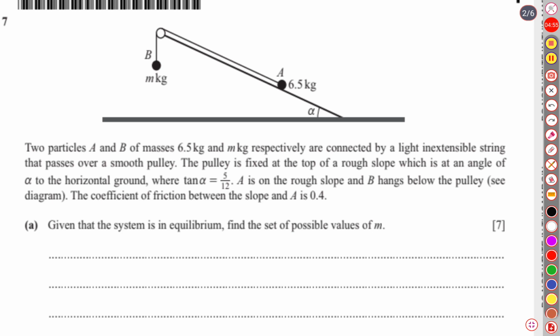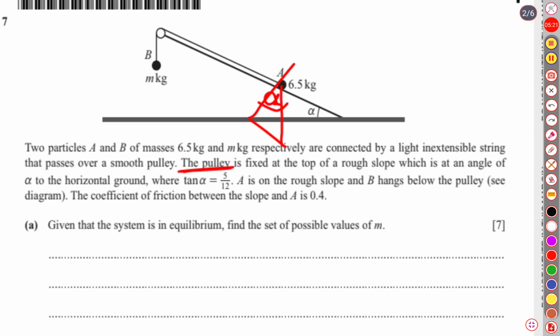First case, we will have to solve A. So for A, let me complete the diagram. This is the normal reaction and this is the weight, and our angle is alpha. Well, and then there is another piece of information given: tan alpha is 5 over 12.